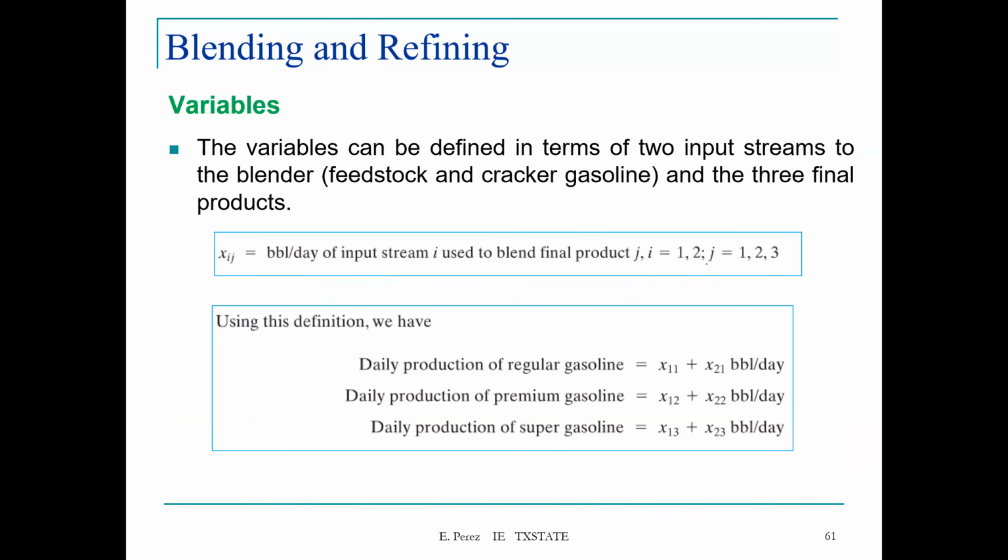So here are the definitions. So using this definition, we can define the following. The variables can be defined in terms of two input streams to blender, the feedstock and the cracker gasoline, and the three final products.